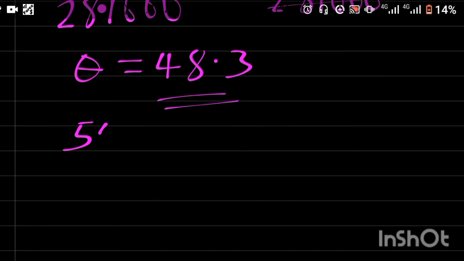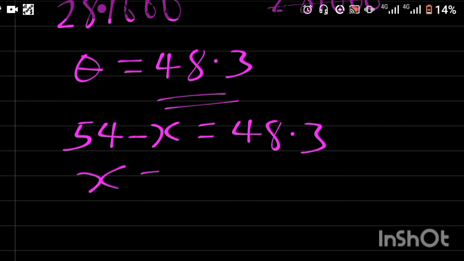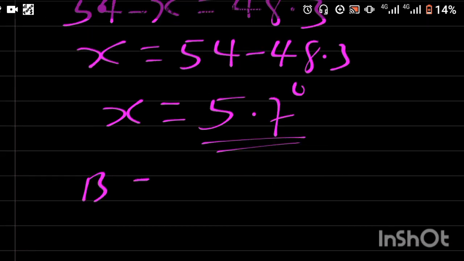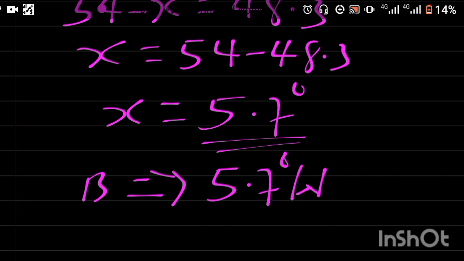Therefore, I have 54 minus X is equal to 48.3. Therefore, X is equal to 54 minus 48.3, that is 5.7 degrees. Therefore, the longitude of point B is equal to 5.7 degrees west.